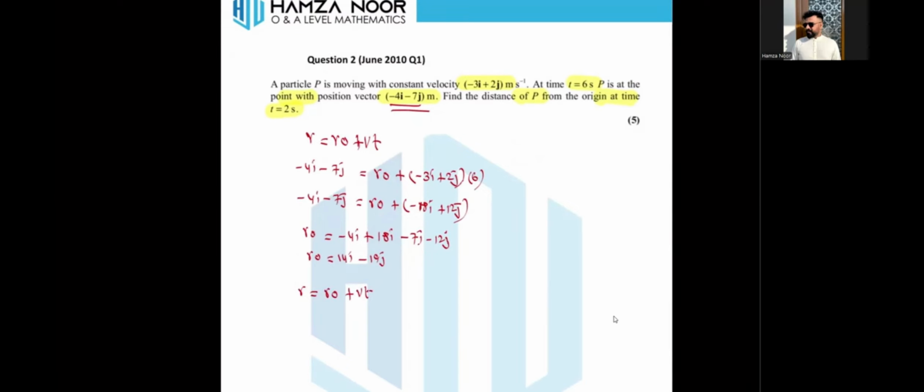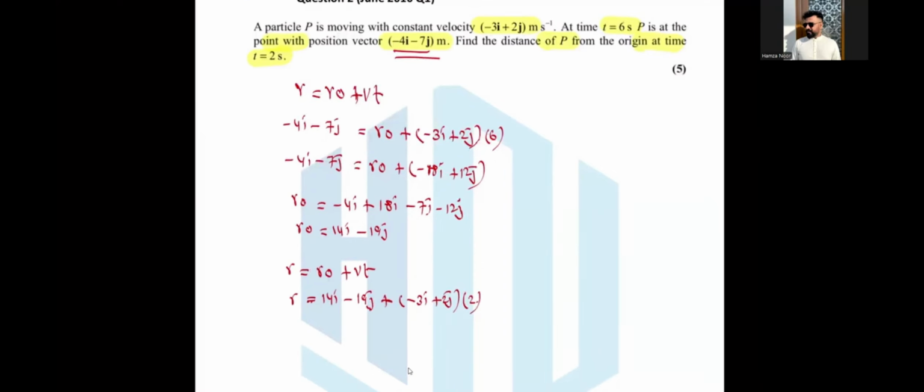Since we know the r naught vector, the initial position vector of the particle, which is 14i minus 19j, and the constant velocity vector minus 3i plus 2j, and we keep t equals 2 seconds, r equals 14i minus 6i, minus 19j plus 4j.